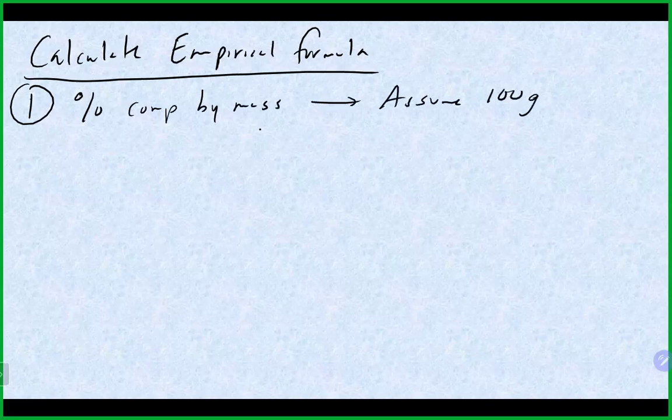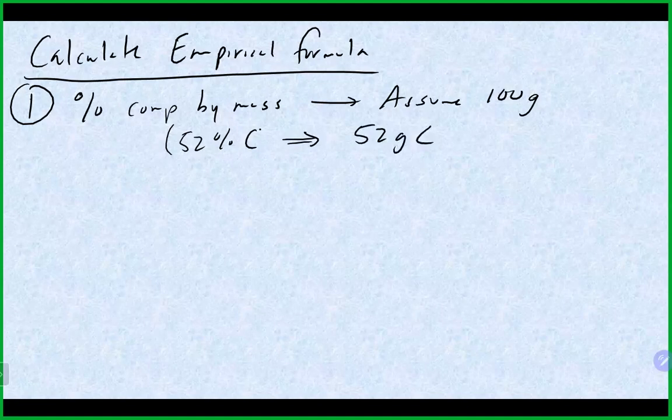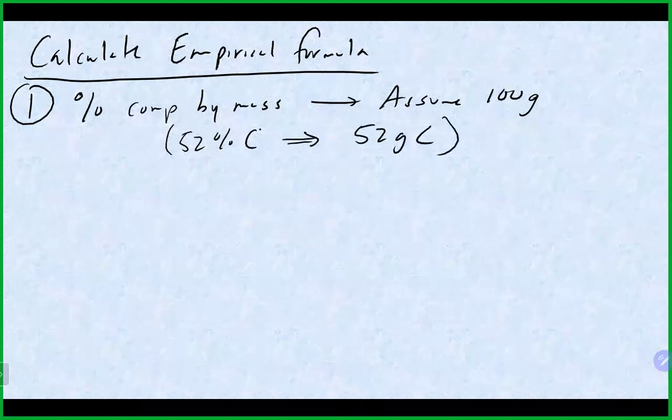What that will do is turn your percentages into grams. So for example, if you had 52% carbon, that would mean you would have 52 grams of carbon. That's very common in empirical formula problems, that you're given the percent composition by mass. And if it all adds up to 100%, you could assume 100 grams and just turn those percentages into grams, and then you're good to go.